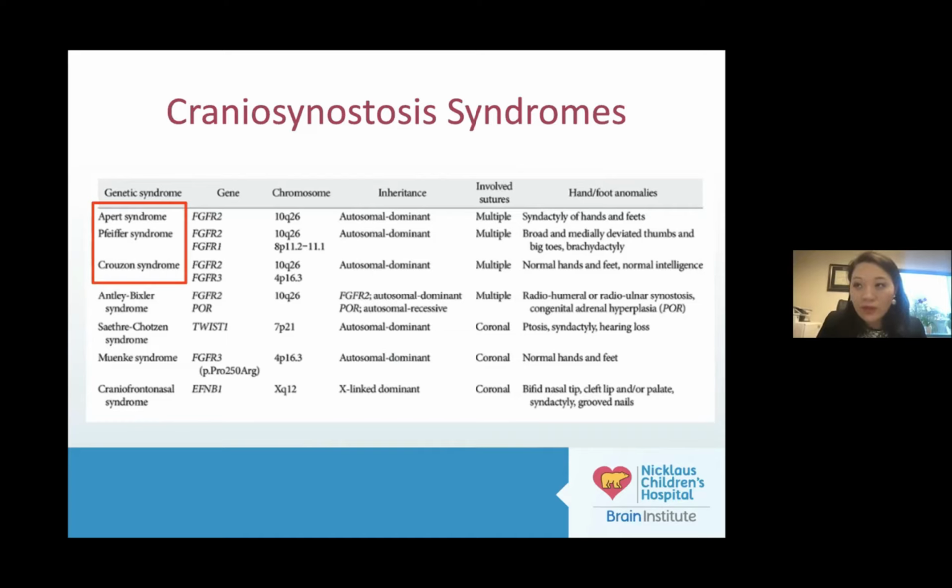The most common craniosynostosis syndromes are Pfeiffer syndrome, which occurs in 1 in 25,000 births, Crouzon, which is 1 in 100,000, and then Apert, which is 1 in 100,000. So it's more likely than not that you will encounter one or more of these syndromes during your pediatric rotation with us, and these are oftentimes surgical conditions for cranial vault remodeling, sometimes for the treatment of hydrocephalus as well, sometimes occurring in multisutural craniosynostosis.